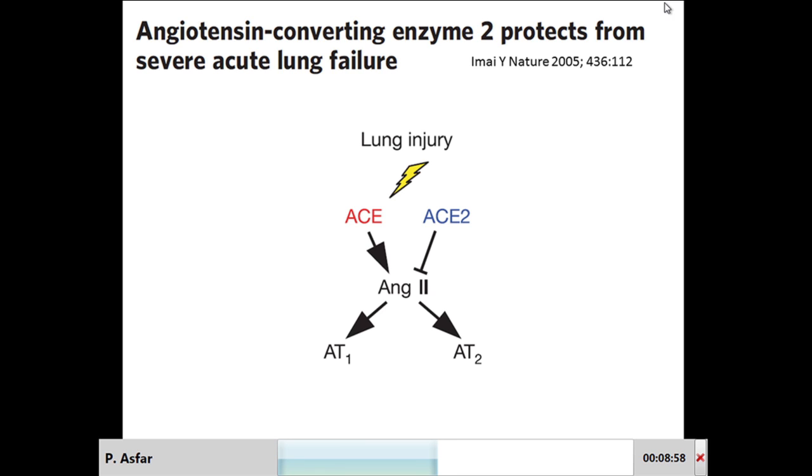When you have a lung injury, you have mainly a stimulation of the main pathway of AC, which stimulates angiotensin II, and consequently AT1 and AT2 receptors. AC2 has protective effects and inhibits angiotensin II. AC2 is angiotensin 1-7.